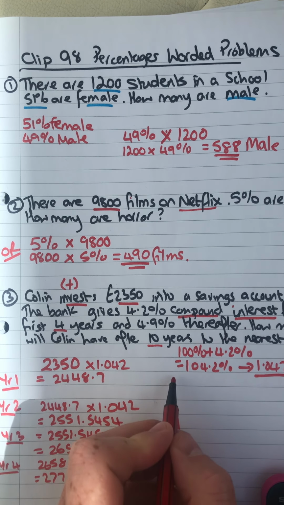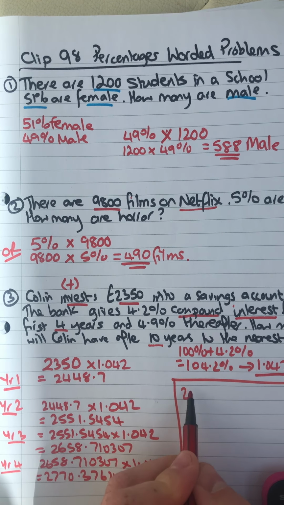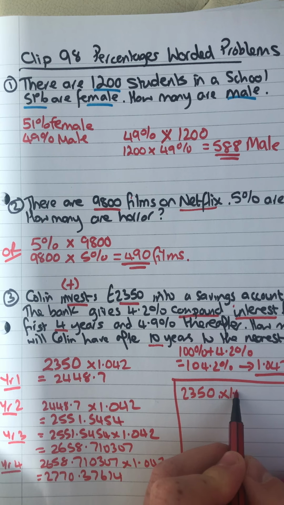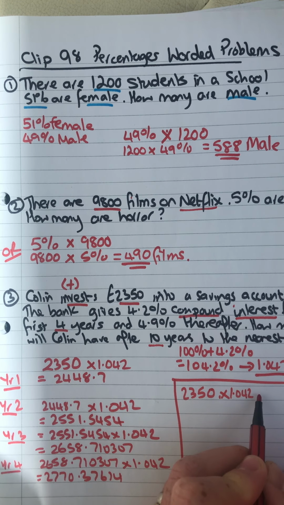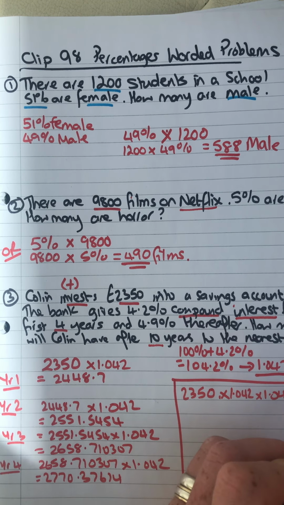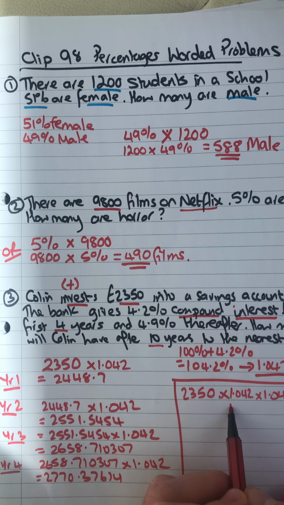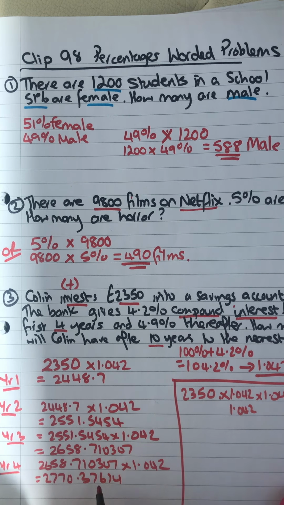So here's a quick way. Take your amount and then times by, and you've got to do 1.042 times 1.042 times 1.042 times 1.042. That would get you the same answer as this.